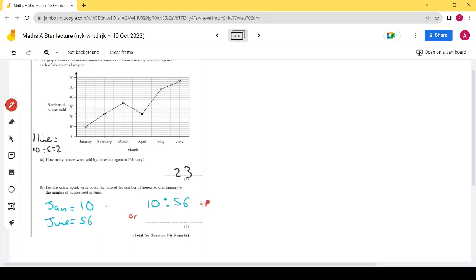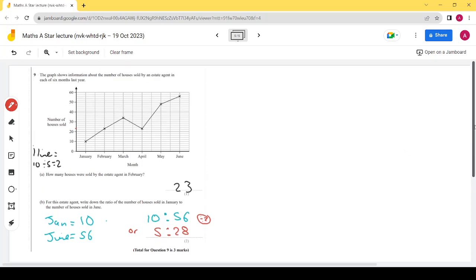You could divide by 2 and get to 5 to 28, but it's completely unnecessary. 10 to 56 would get you the marks already, so you'd just be simplifying for simplifying's sake if you did that. All right, so again, I'll give a second and then we'll move on to the next question.